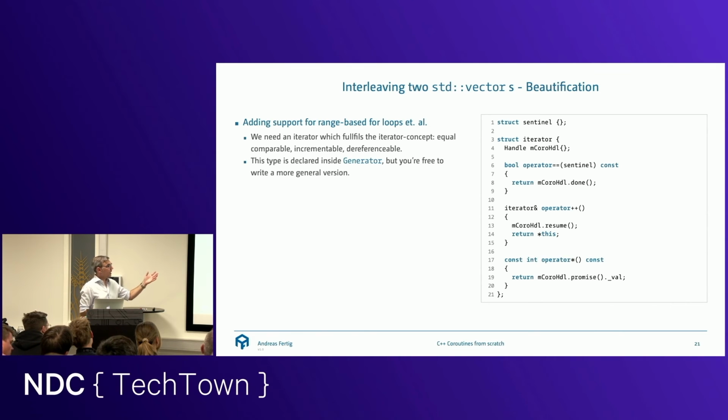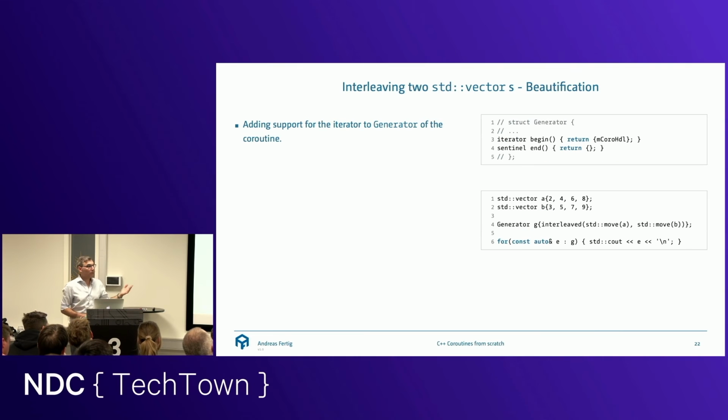And this code here now, you either put it directly in the generator or you add a little bit of generic parts to have one generic iterator and put it somewhere else. Inside my wrapper type generator, I must provide two member functions, begin and end, if I do not want to go for the free functions, of course.